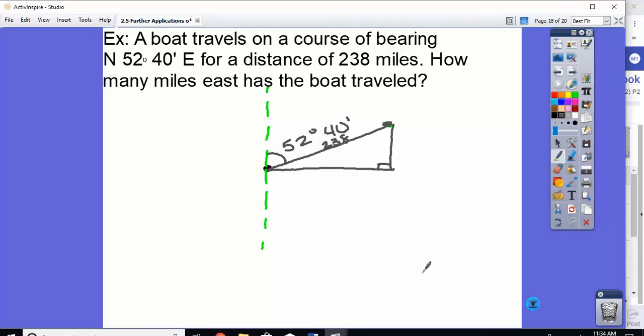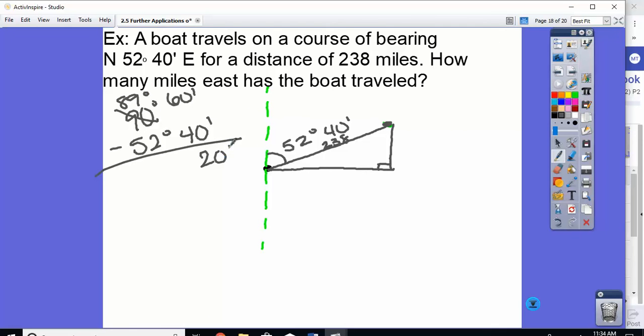How am I going to find that inside angle? We know this is north-south, that's east-west, they form a right angle, so you can do 90 minus the 52 40. We get 37 degrees, 20 minutes. That's the angle inside.